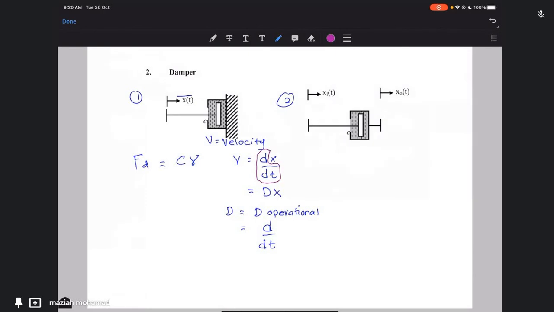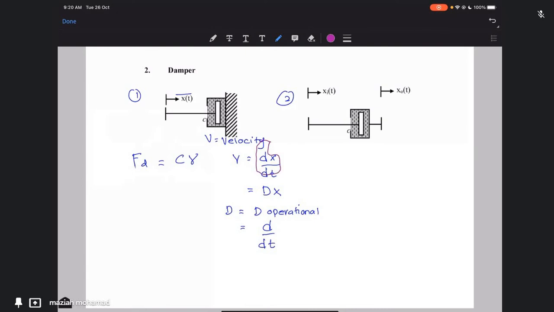When we draw a block diagram, if you put d over dt, the block will become crowded. So we simplify that: this capital D is the D operator, and it represents d over dt. So the equation here becomes F_D equal to C D x.